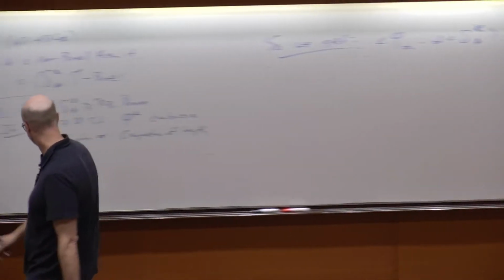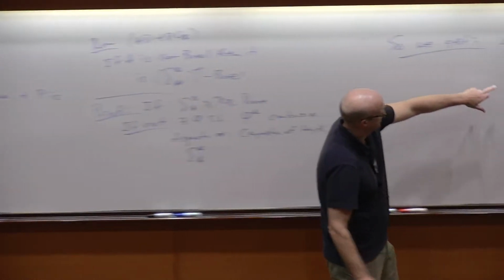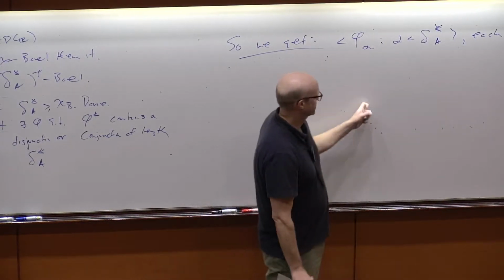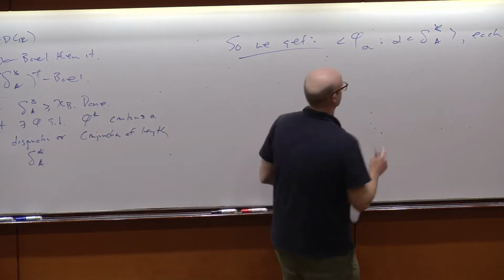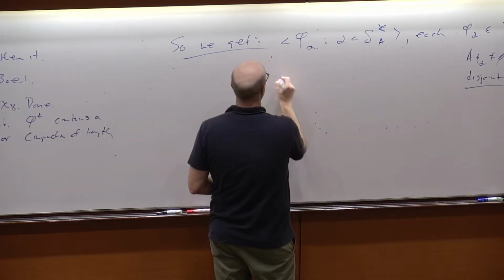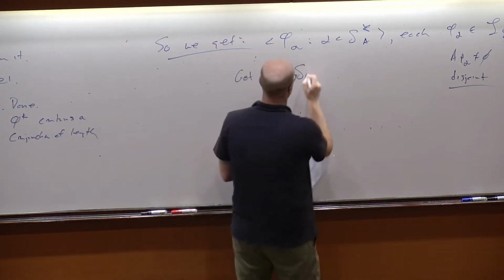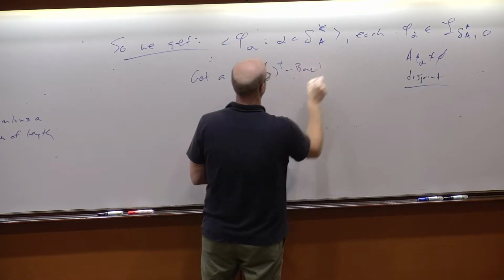There's a disjunction or a conjunction, but in either case I can thin it out and turn it into a sequence of disjoint sets. So I can turn this into a prewellordering, like I did in step 4. So we get out of this a prewellordering, which is delta star A plus Borel.